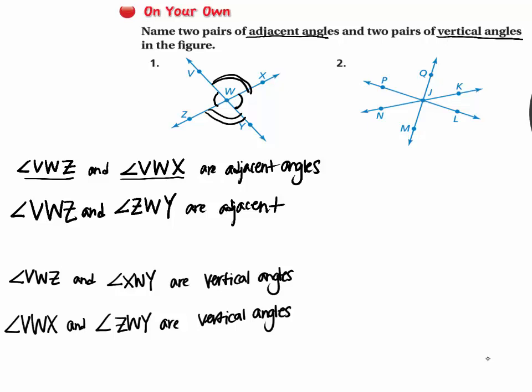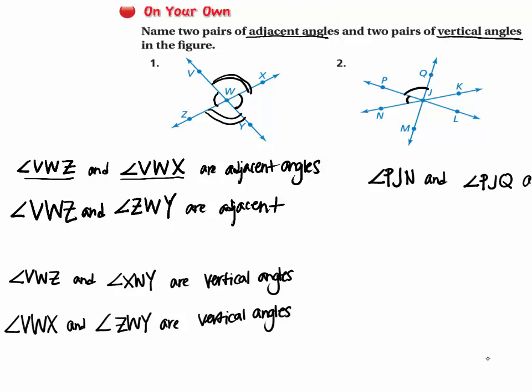Now, you'll try the second one, but I'm going to give you just one pair of each. I can say that these two angles are next to each other, so angle PJN and angle PJQ are adjacent angles.